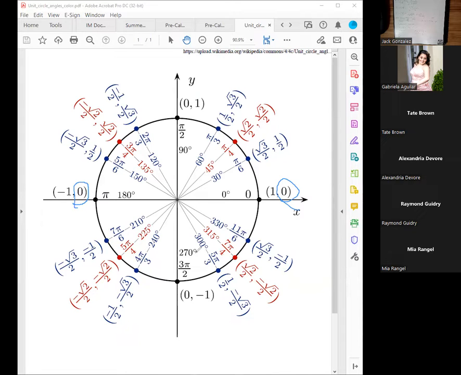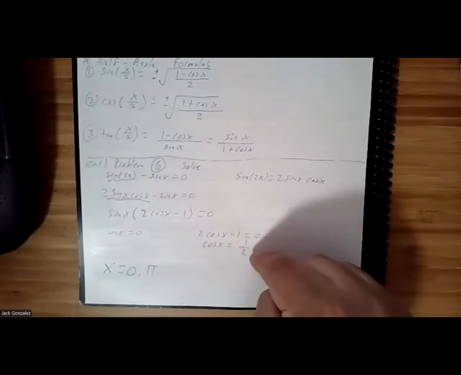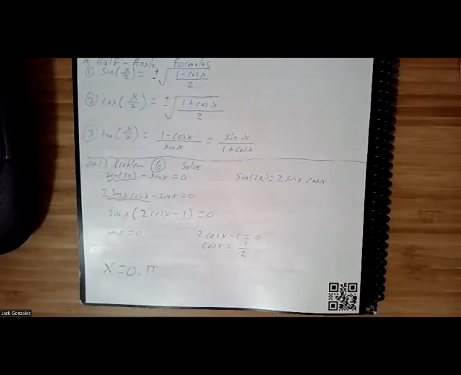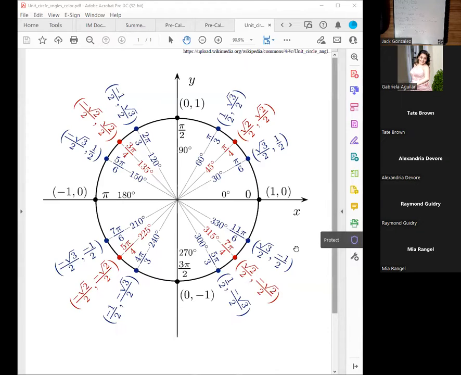I failed handwriting and arts and crafts, by the way, so keep that in mind. Okay, so I go back. Cosine is equal to 1/2. Where is the x value 1/2? There's one, and there's another. So write those down. The answer will be pi over 3, comma 5 pi over 3.